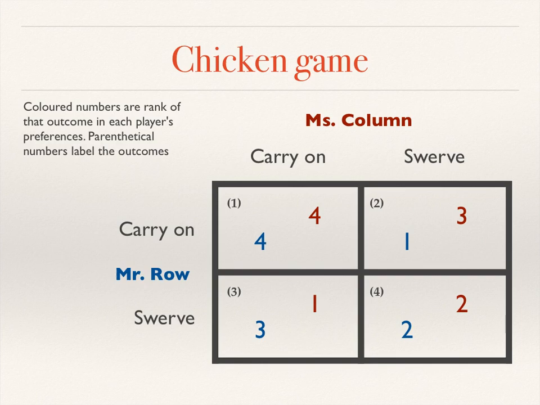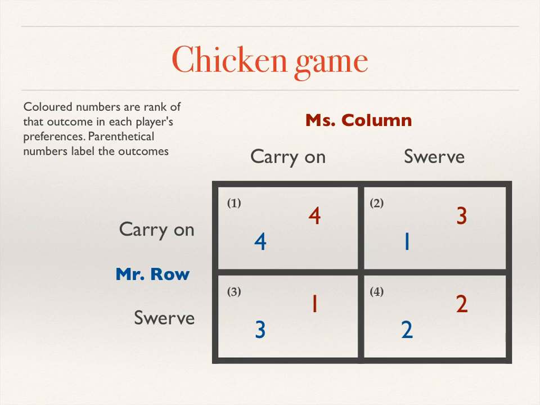The person who doesn't turn aside is the winner. So that's the chicken game, and we can set up this same kind of thing, which technically is known as a payoff matrix, right? Matrix being a fancy name for a table, so it's the payoff matrix with the payoffs, how much the players get or what the players get in the end.